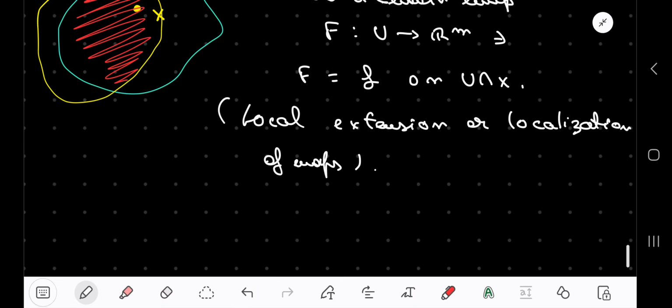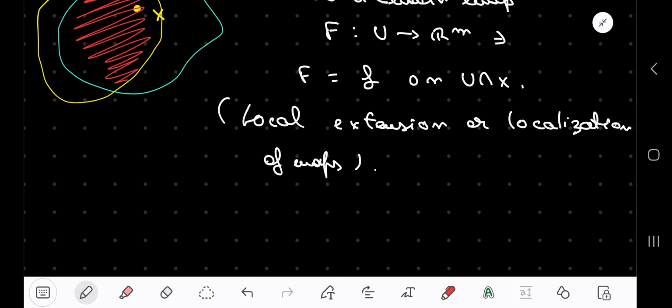You can also think of this as the subspace topology of X. If you study topology, you can easily relate it, because we know that in a subspace topology, if X is some arbitrary subset of a topological space, then the open sets in X are the sets of the form U intersection X, where U is an open set in the higher space. This is the definition of a subspace topology.